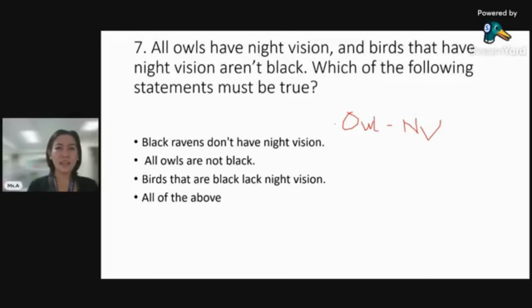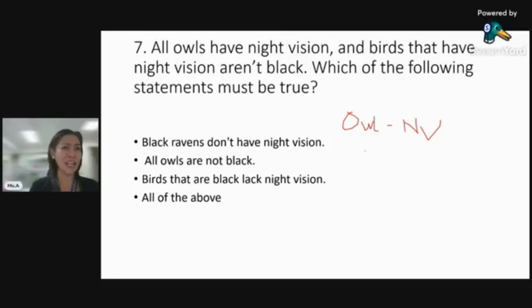So, it was not clearly mentioned. But, if you will try to look at it, it was implying na ang owl ay hindi po black. Right? Di ba? Kasi ang owl may night vision siya. Tapos yung mga birds daw na may night vision, hindi sila black.